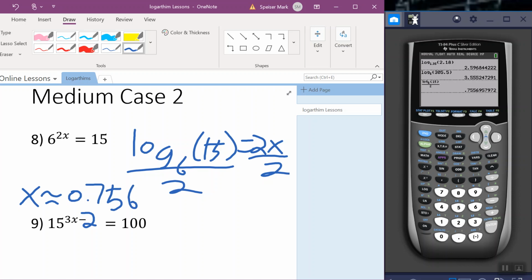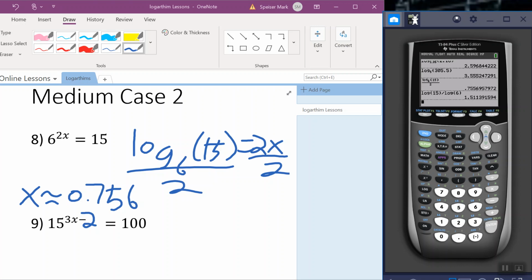Now, if you don't have a log base option on your calculator, you only have to change the base. So the way you type this in is log of 15 divided by log of 6.